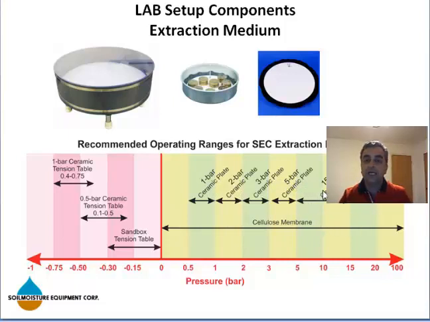The answer is that if you use a 15 bar ceramic for 1 bar pressure application, because the pore size of 15 bar ceramic is very small, no water drainage is going to happen. The ceramic doesn't even feel it. That is why the range of application is from 5 bar to 15 bar.